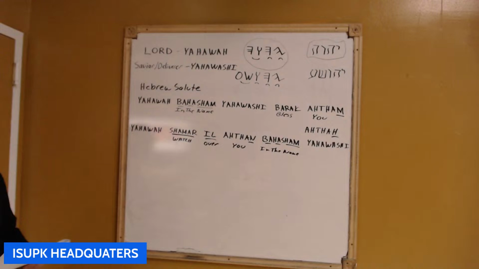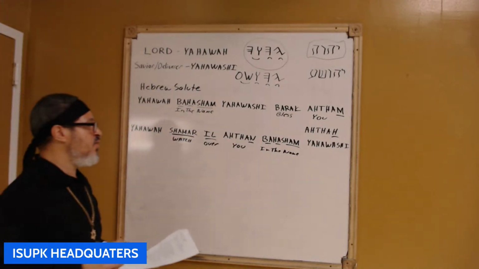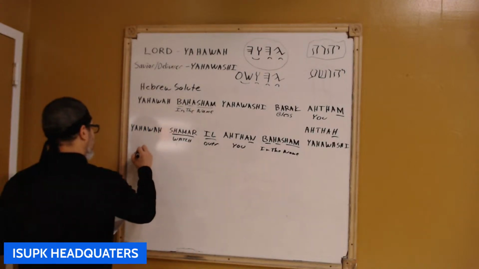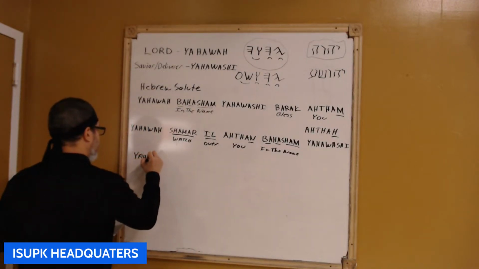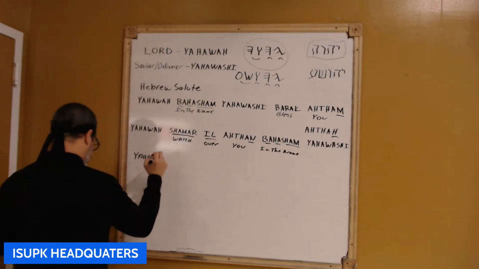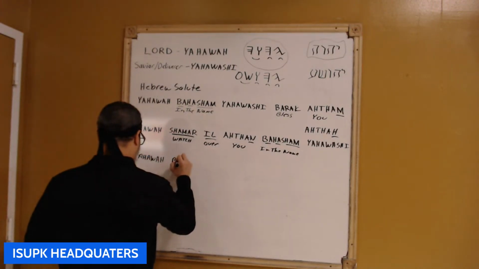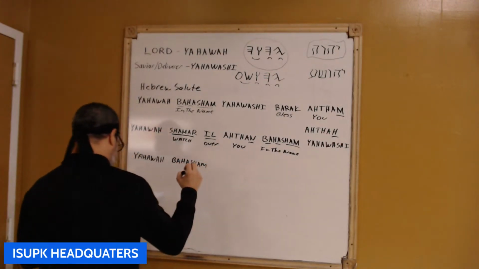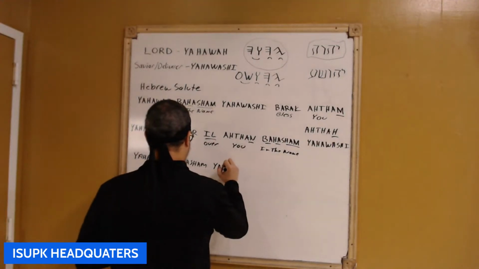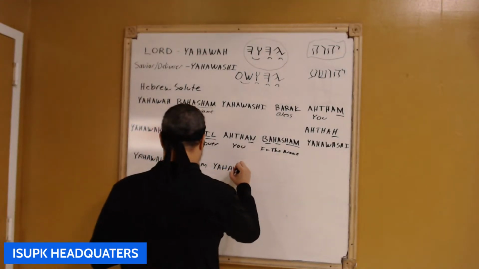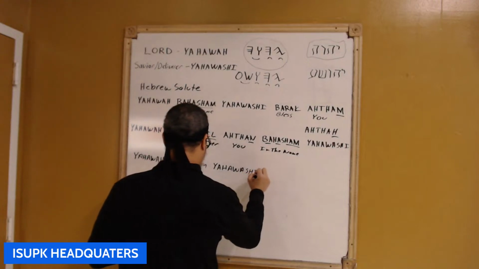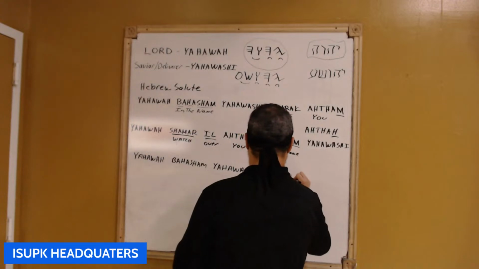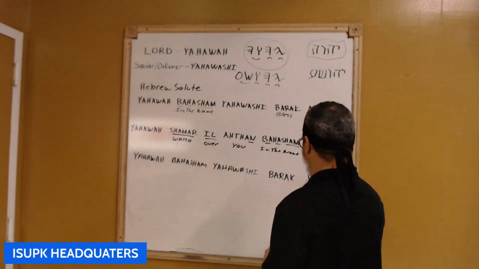And there's one more we use when we're saluting the Torah or the scroll. We say Yahweh, Sham, Yahweh Shai, Barak, Yah.